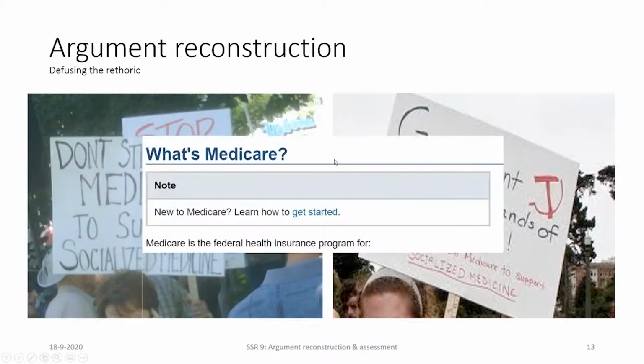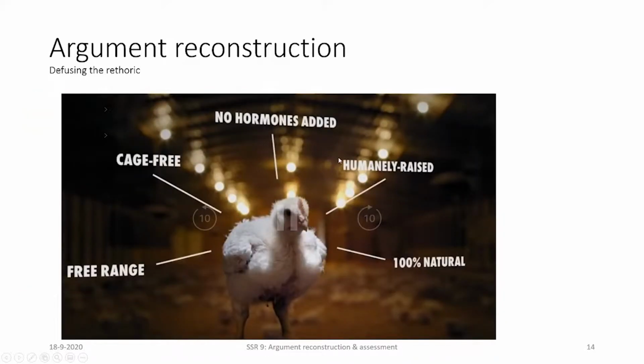All right, let me give you another example of diffusing rhetoric. This is a documentary I watched last week, Super Size Me Part 2. Perhaps you have seen it, but it's about a guy starting his own fast food restaurant selling grilled chicken sandwiches, like other fast food chains are doing.